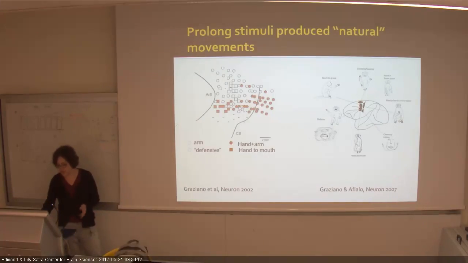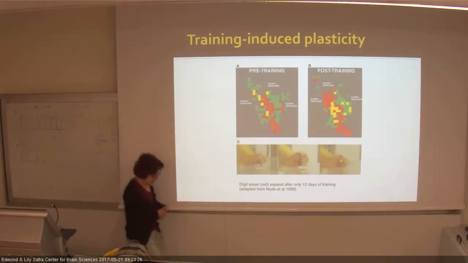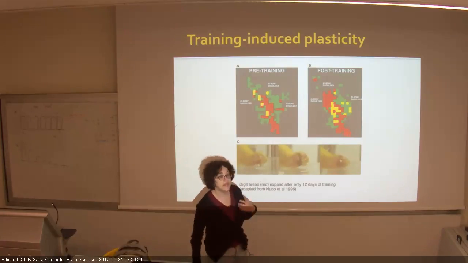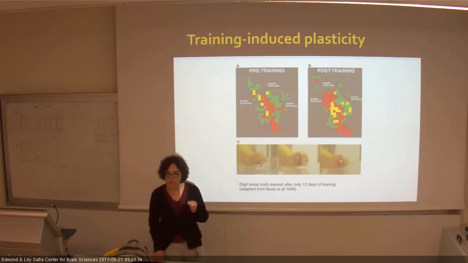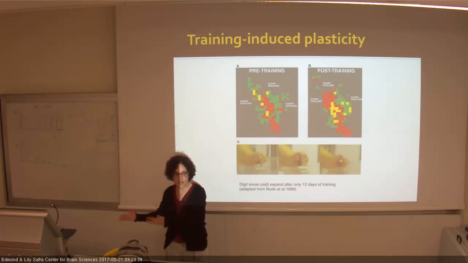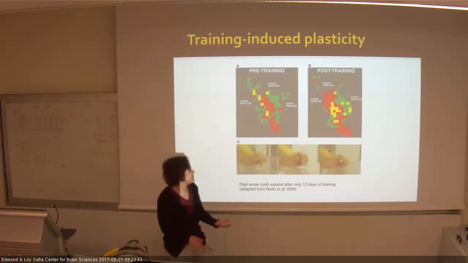But we know that the maps are not perfect, and also they are the outcome of the method of stimulation that we are using. The other conceptual problem of the map is the fact that they are very, very plastic. The motor cortical maps are extremely plastic in a way that makes it difficult to understand how the brain actually managed to use them in any meaningful manner.